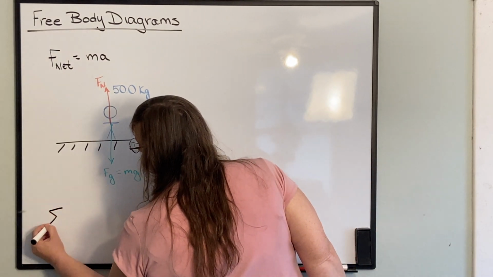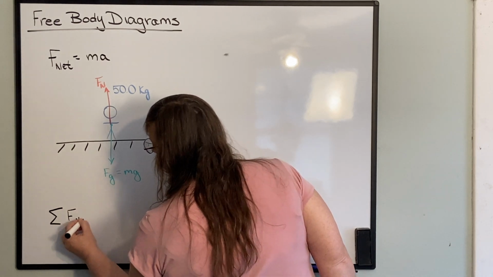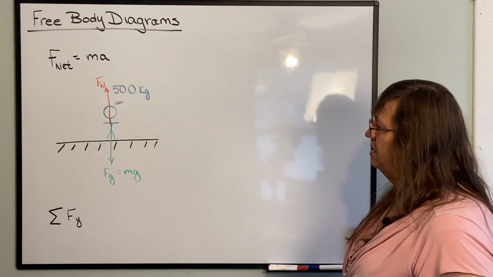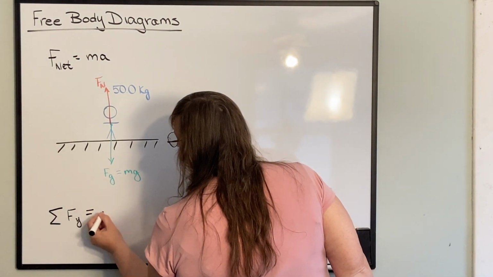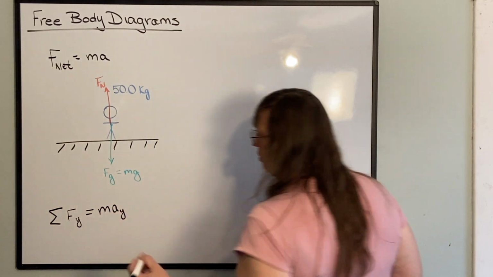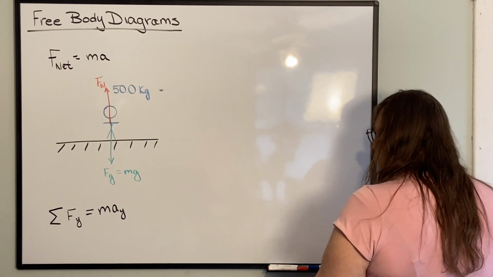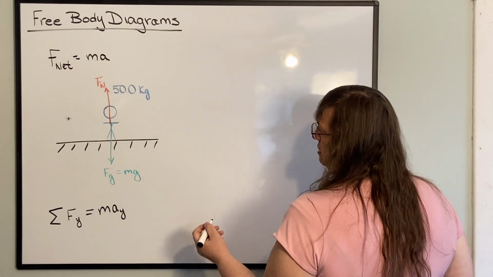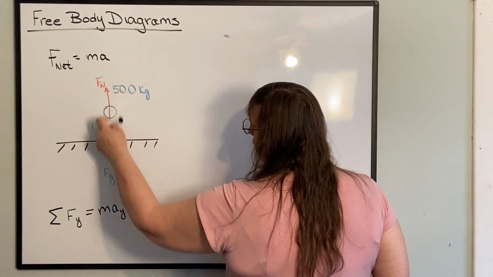We're going to have the sum of the forces. I'm going to use y to represent the vertical up and down direction. And I know that has to equal ma, and I'm going to put a y there just so I know that that's also in the vertical direction. And we know that the sum of the forces are these forces here.